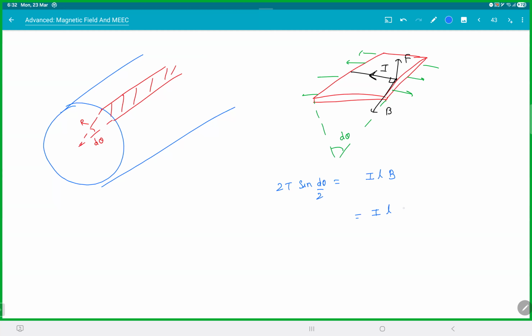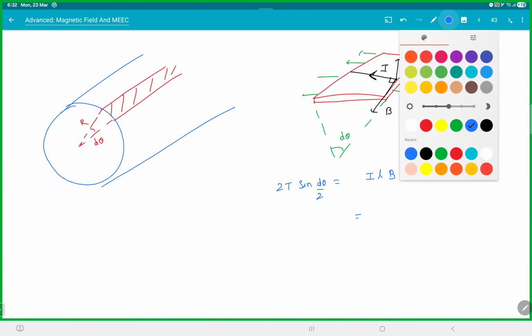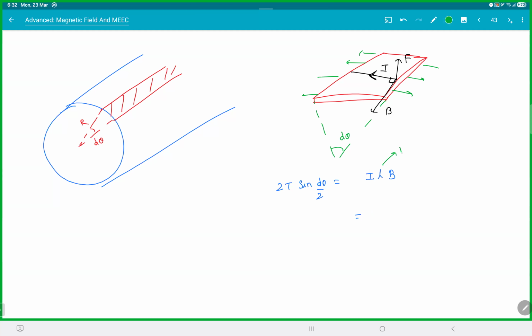And which length should you take here? You should take the length along the wire. This thing will be R d theta. Then you'll get tension is equal to I into R into B, where B is mu naught Ni by 2.